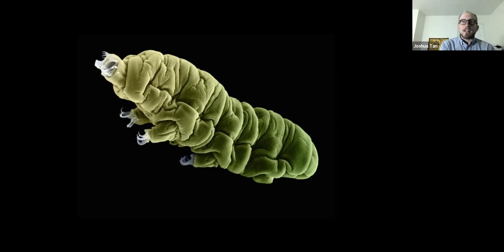We'll find some that have been exposed to the dry environments on the outside, but then once they're exposed to water, are reanimated and can start to wander around. And think about whether these tardigrades might be able to survive some trips that would otherwise kill other living things.